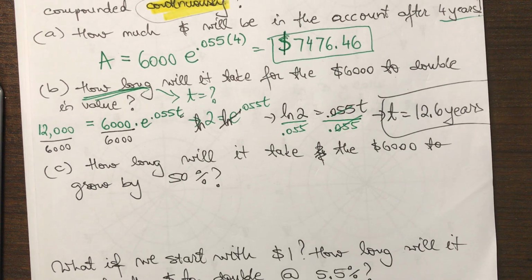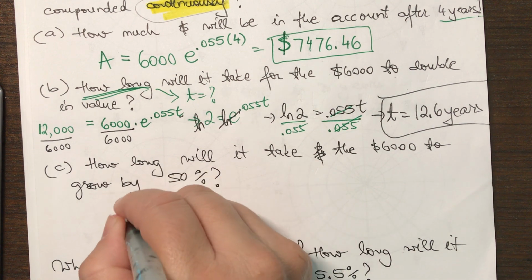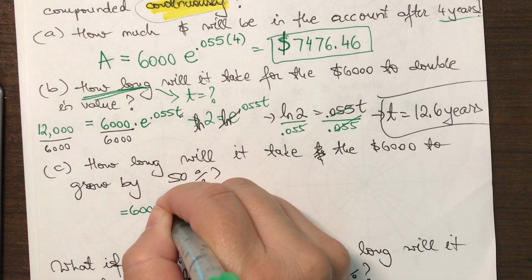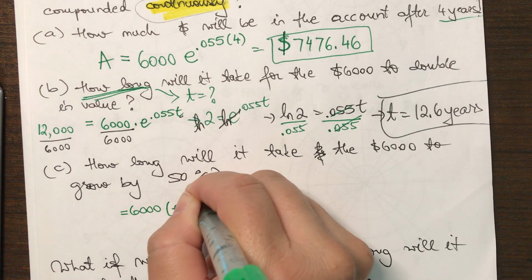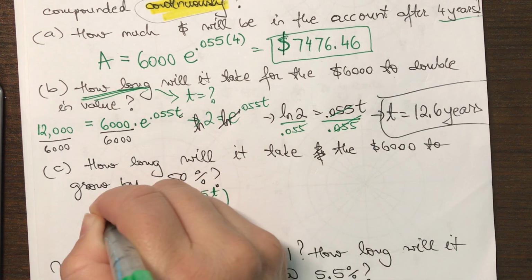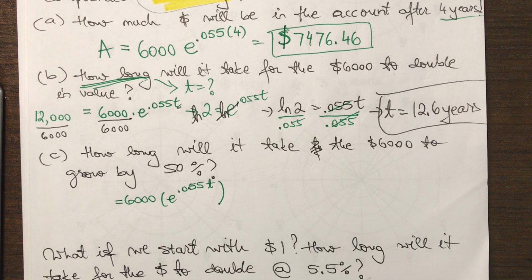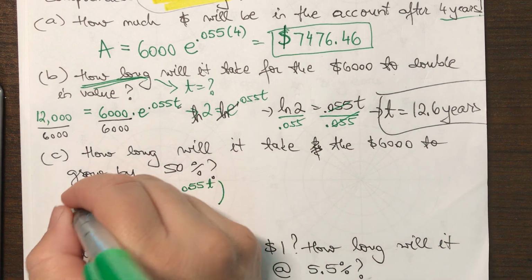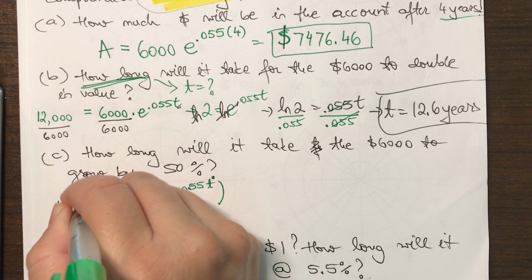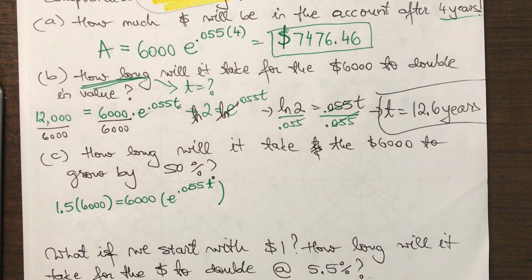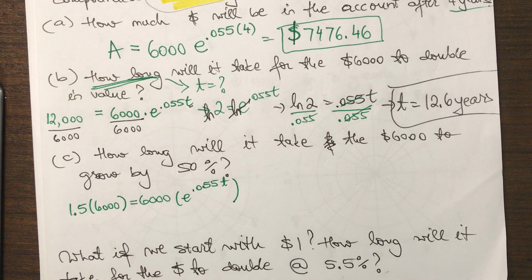What does it mean that it grows by 50%? It means your $6,000 has grown by 50%. So basically, it's grown to a time and a half of what it was. I'm actually even going to write this, because it really doesn't matter what value you end up starting with, as we'll see in the next question.